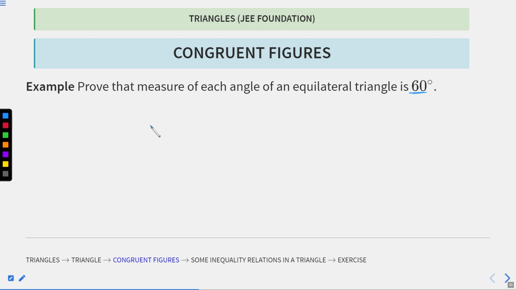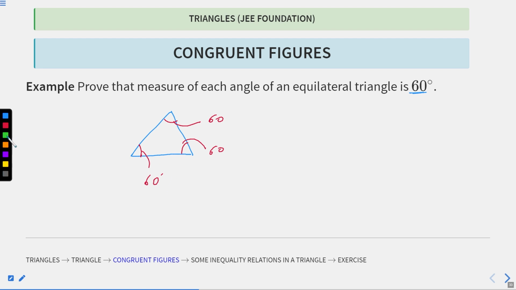That means if you are given an equilateral triangle, you have to prove that all of these interior angles are equal to 60 degrees. So this is 60 degrees, this is also 60 degrees, and this is also 60 degrees.